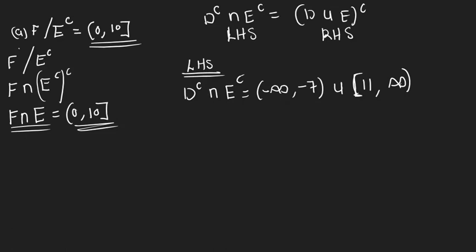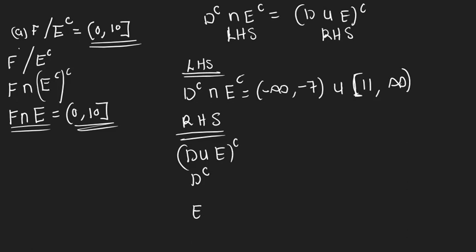Let's try to prove the right hand side. So right hand side, we have D union E complement. There are many ways of solving this particular question, but we can say that this can also be written as D complement, and then we distribute the complement only to the sets given.